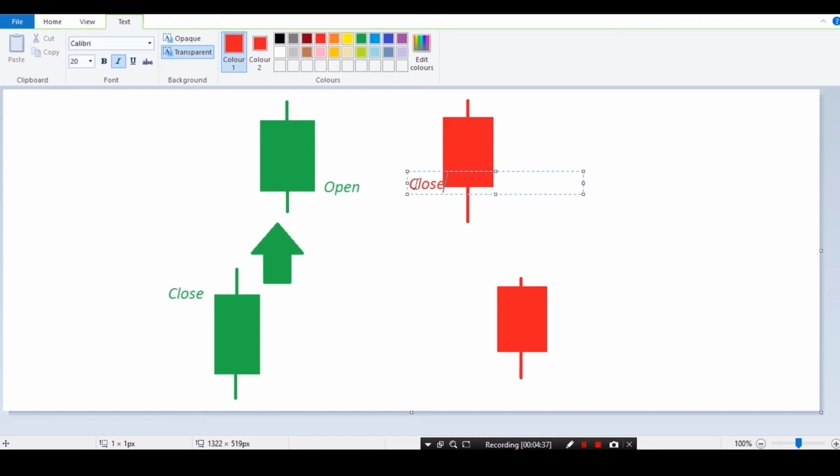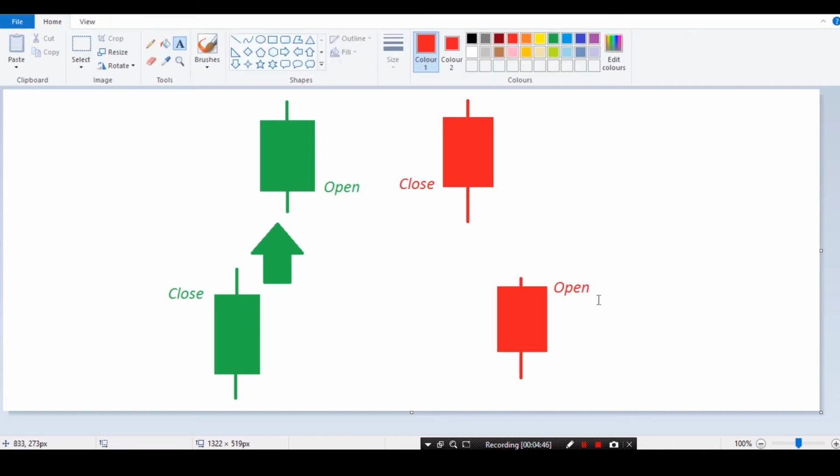Now that we've figured out what direction we have gapped, the rule with gaps is if a gap happens and it is a gap up, price must come down to close that gap. Now, a gap is only closed once price reaches the same price as the close of the candlestick that was before the gap. So once price reaches this point, this gap has officially been closed.